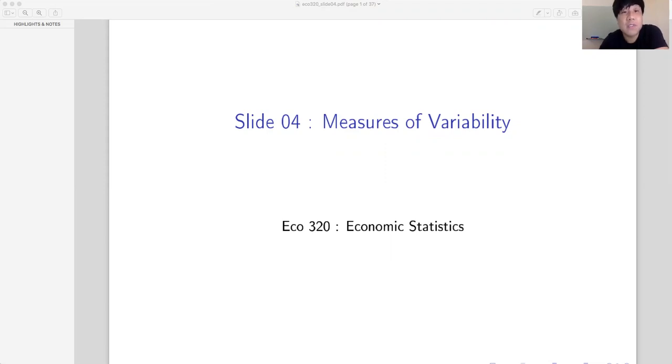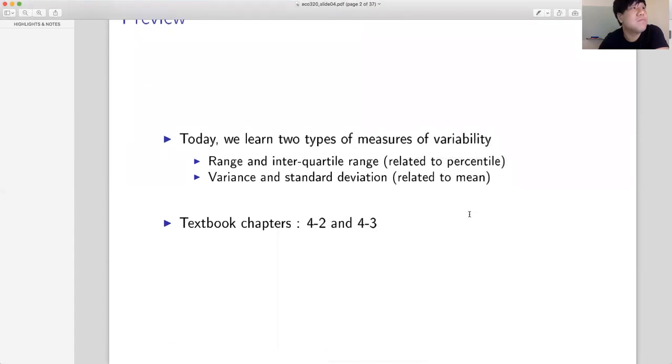In the previous slide, we were talking about the mean and the median, etc. Now in this chapter, we're gonna talk about the variance and the standard deviation and how much variation the data has. So let me give you some examples.